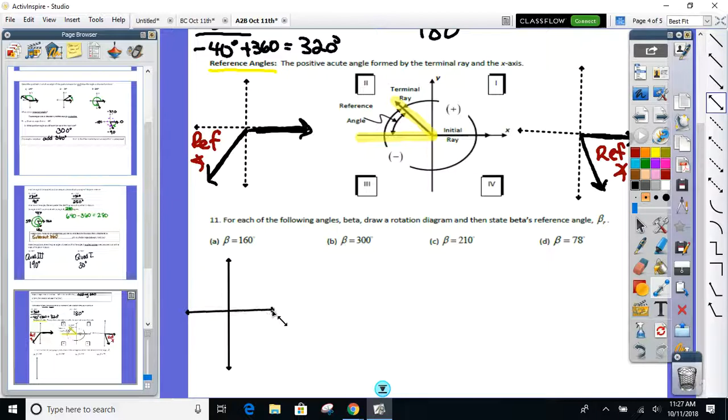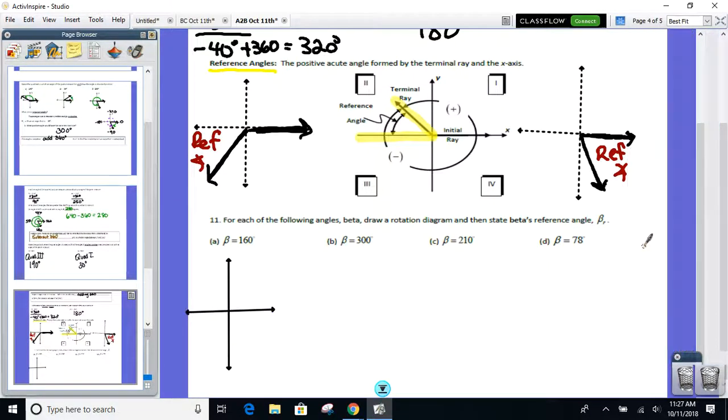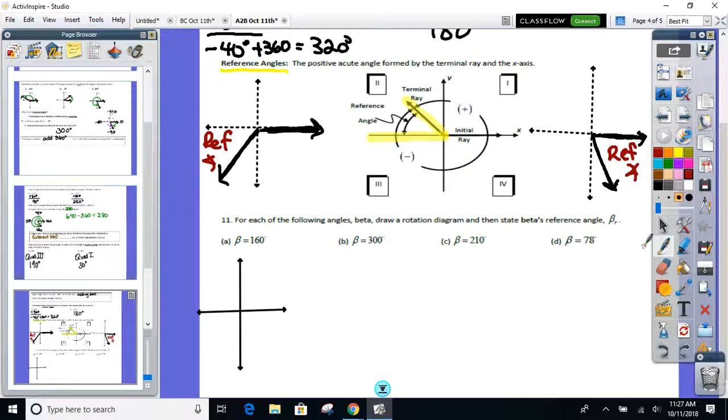160-degree angle. What quadrant should you be in? Quadrant 2, second quadrant. And I want to make sure if you're closer to 90 or 180 here. Should be closer to one of those. Oh, we're missing something already. Which way is it going for some of you? Clockwise or counterclockwise? Get the arrow in there. You're better than that.